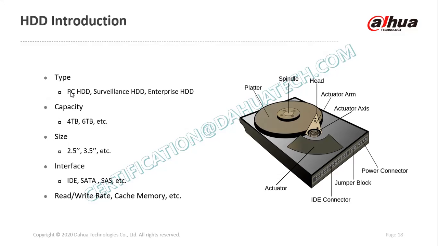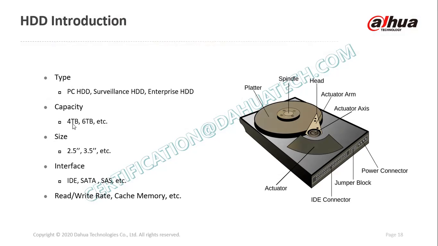There's the PC hard disk, the surveillance hard disk, and the enterprise hard disk. A PC hard disk is a normal computer hard disk. A surveillance hard disk is the type we use in our recorders, while an enterprise hard disk is the type we use in high-level storage or big projects.